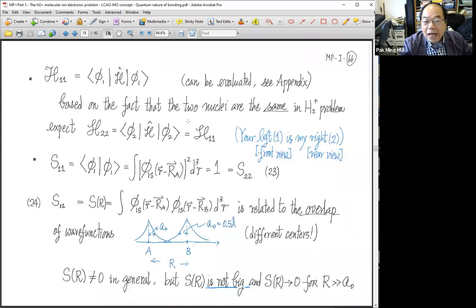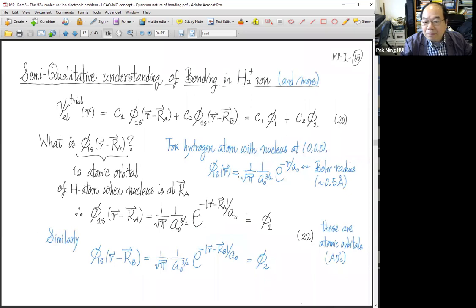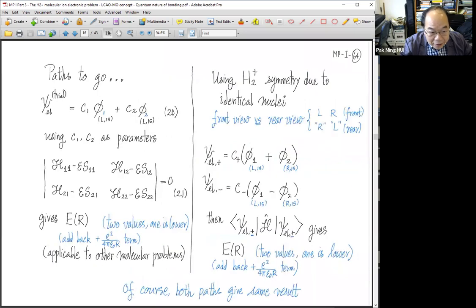Now that can be evaluated, see appendix. A more interesting, or simple, one is this: S11, S12, and S21, of course, is related to S12, and then S22. So let's look at S11.